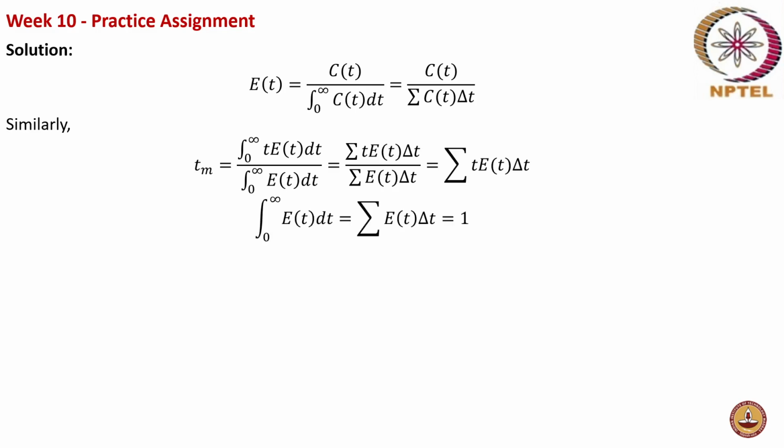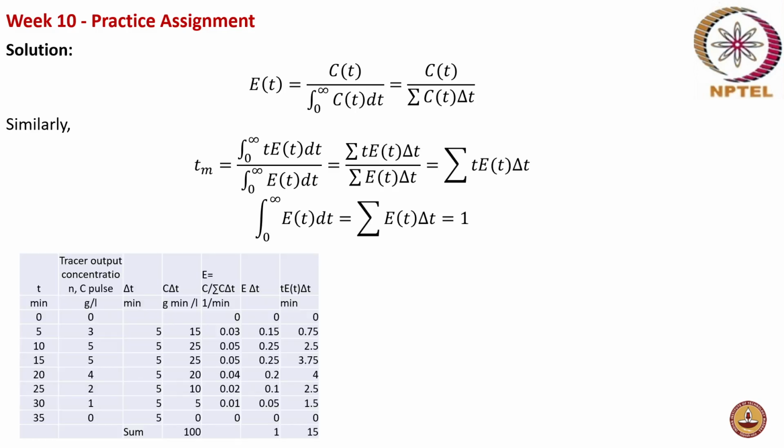We know that the integral from 0 to infinity of E of t dt, the area under the exit age distribution curve over the entire time span, is equal to 1. So your Tm, your mean residence time, becomes the summation over time of t into E of t into delta t.